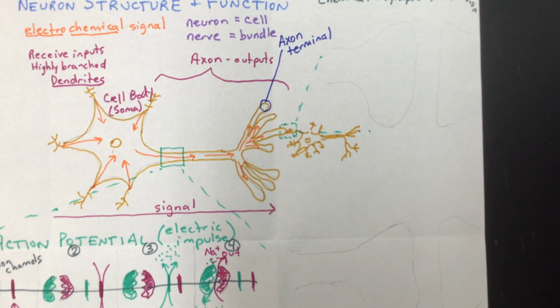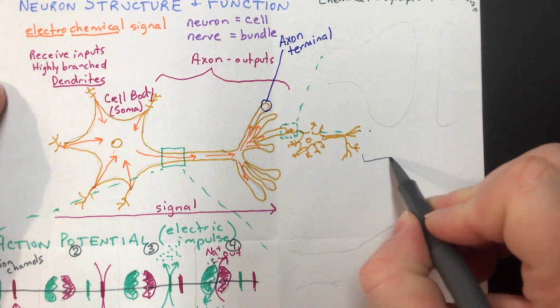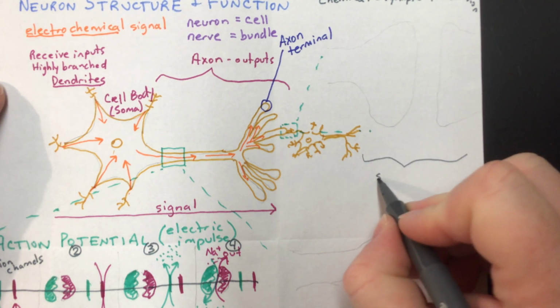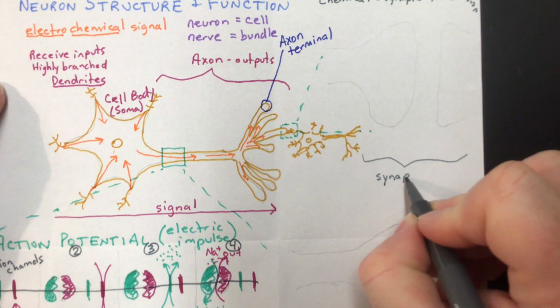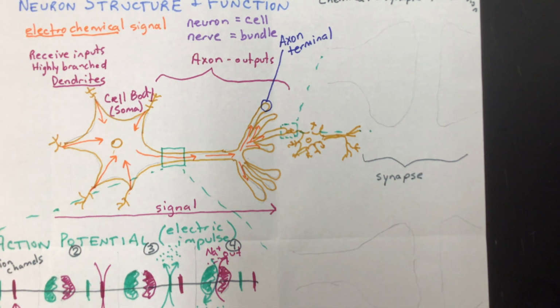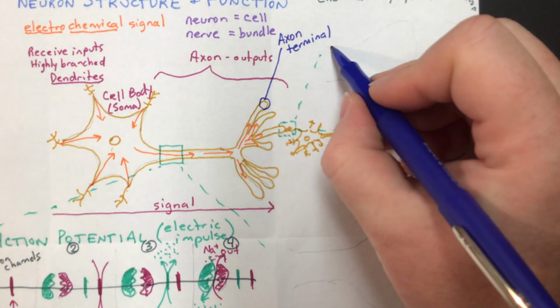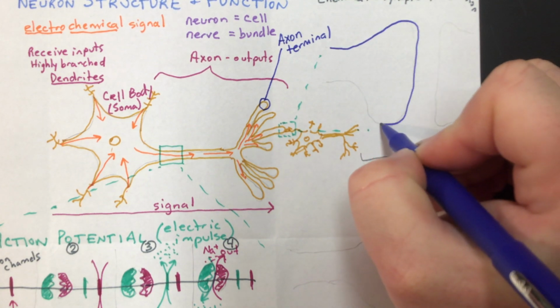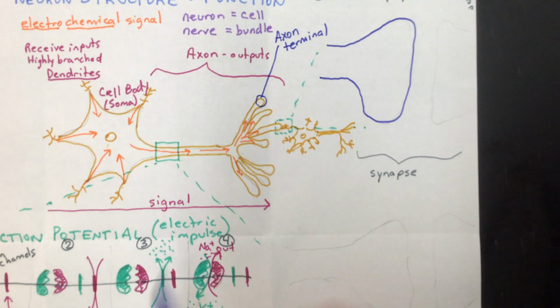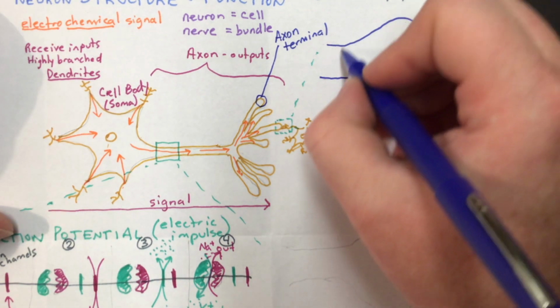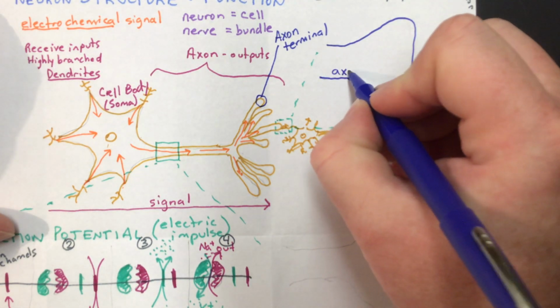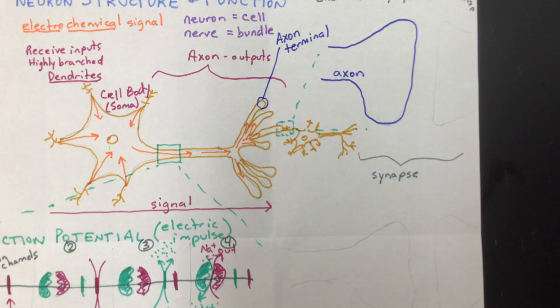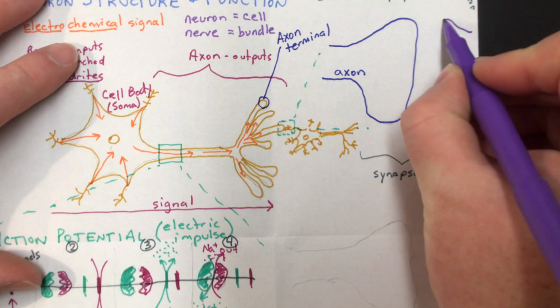This area is called a synapse. Let me draw in the cells first. So here's our axon of one neuron. And let's use another color for the dendrite of our next neuron.